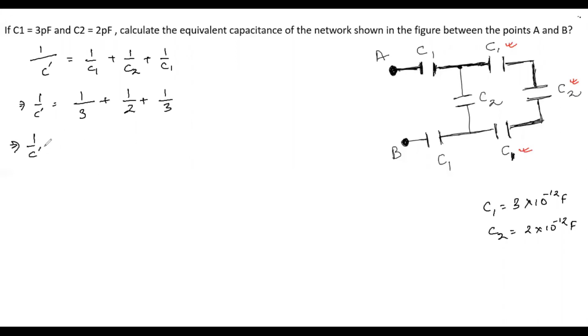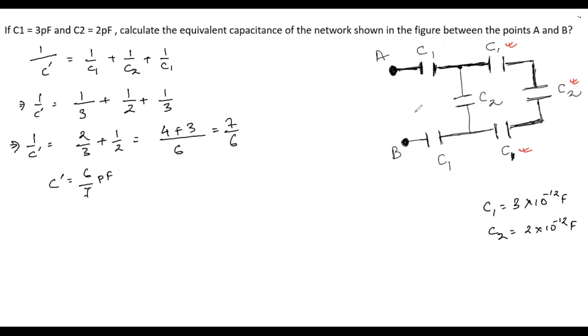If we calculate, 2 by 3 plus 2 by 6, it will be around 4 by 6, and this 3, so it comes out to be 7 by 6. So the effective capacitance of these three capacitors which are connected in series is around 6 by 7 picofarad.